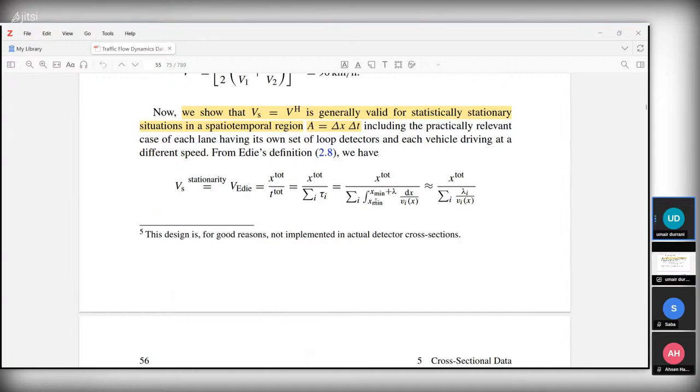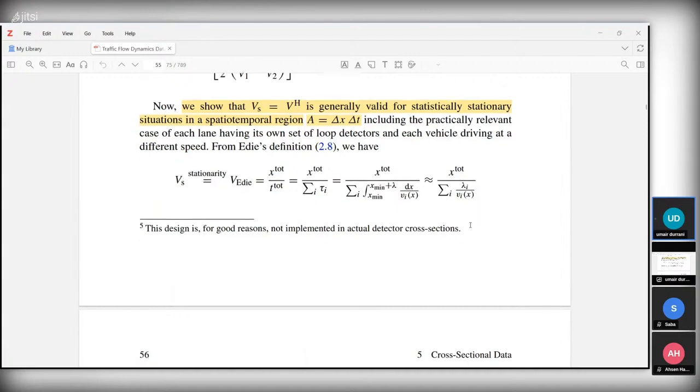So we are integrating the slice of distance that is covered by a vehicle i divided by its speed at a given location x, and we're integrating it for all x values. So essentially getting the total time traveled. That comes out to be delta i divided by v i x.